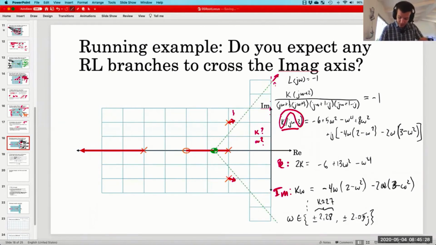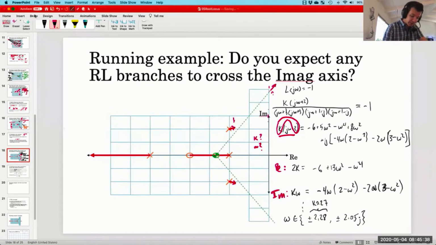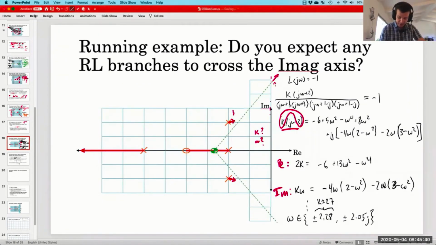So let me run through which of these 4 solutions are valid. It's a little bit tricky, and that's just because we're looking for imaginary axis crossings. So I think many of you might want to pick this one. And that's not right, because remember, the omega that we defined has to be a real number, because the omega is multiplying a j.